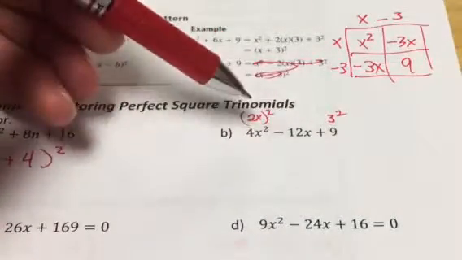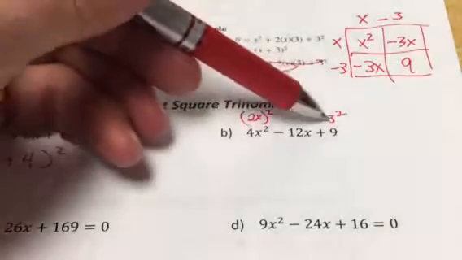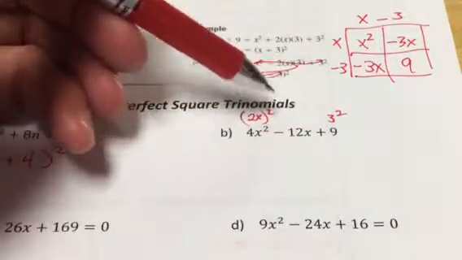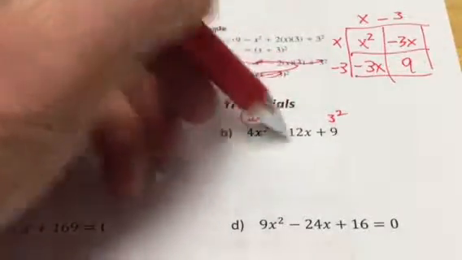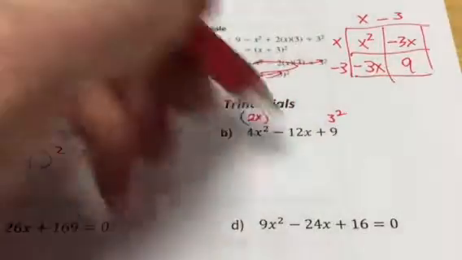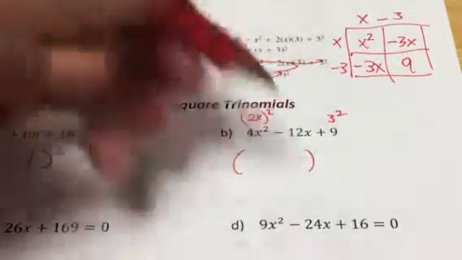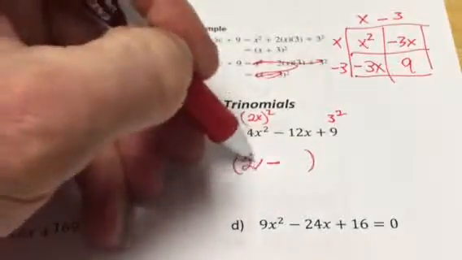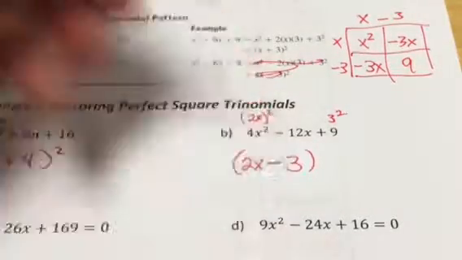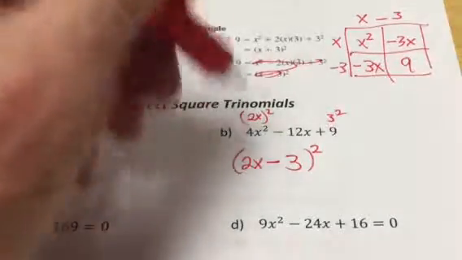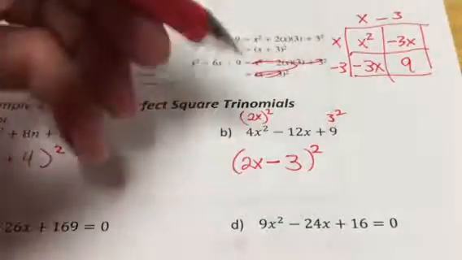But if we take this times this, the 2x times 3, and double it, then we would get 12. And because this is a minus, we would have minus in the middle of our binomial. So we can say 2x minus 3 squared is the factorization of this trinomial.